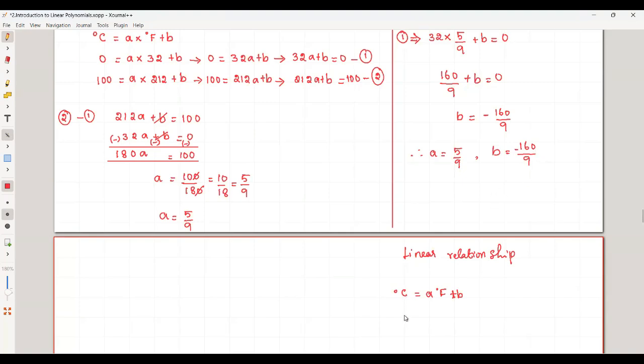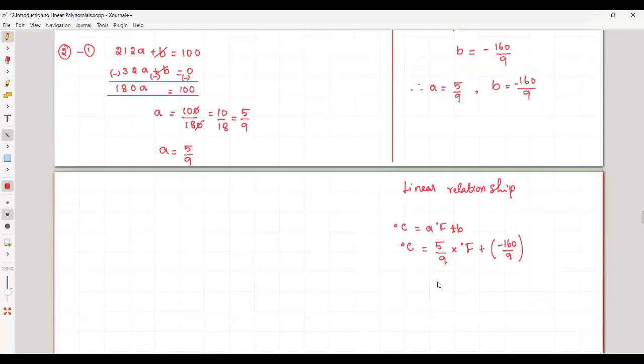So degree Celsius is equal to the A value 5 by 9 into degree Fahrenheit plus the B value, minus 160 by 9.